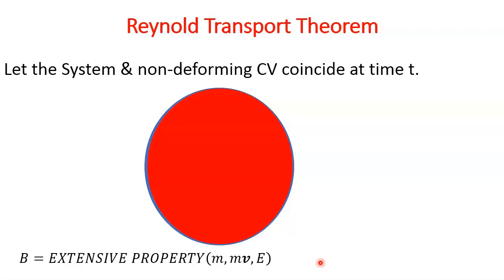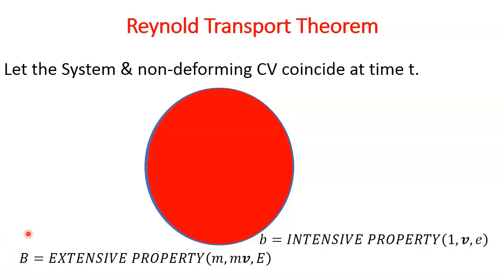The law of conservation of mass we often use, the law of conservation of momentum we often use, and the law of conservation of energy also we often use. So extensive property is the property which depends upon the parameter mass. This extensive property in general we shall represent by the letter capital B.